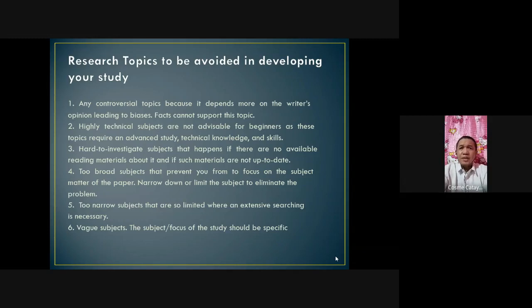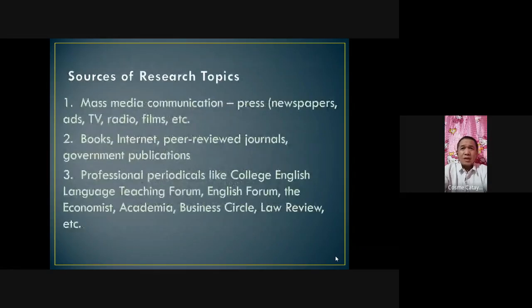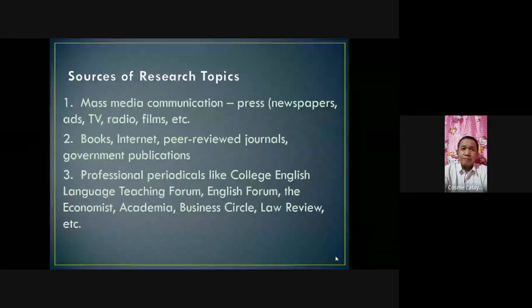Sources of research topics. Number one, we have mass media communication, that is the press, referring to newspapers, ads, TV, radio, films, etc. Number two, books, internet, peer-reviewed journals, government publications.